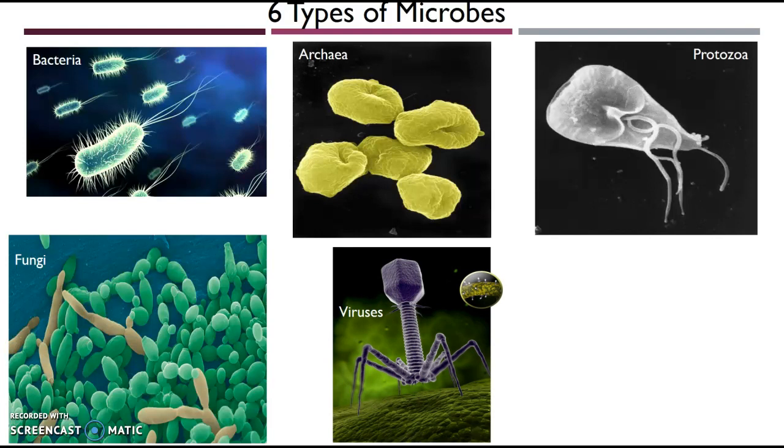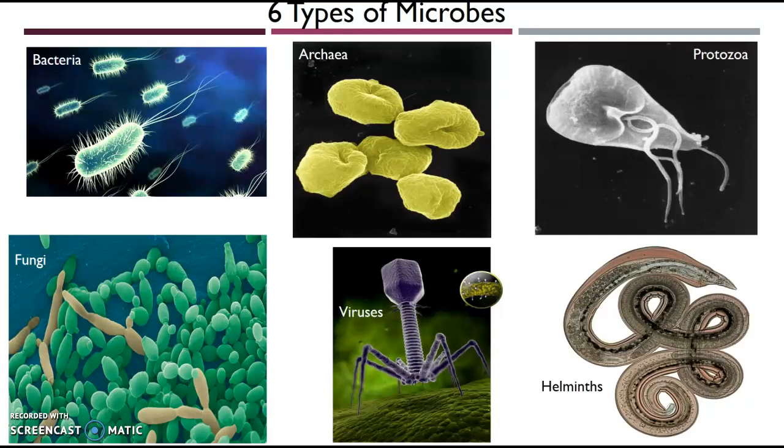Viruses, and we'll talk more about viruses and their characteristics a little later on in this course, but viruses are the only group of organisms here that are not considered living. They are not made of cells. They do possess some molecules that are part of living organisms, but they are not considered living in and of themselves.